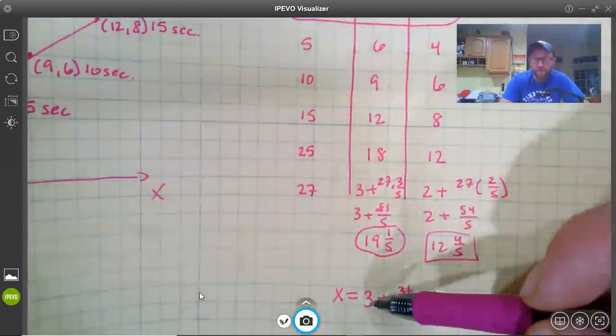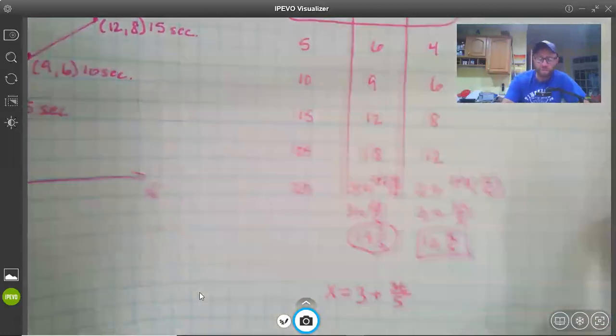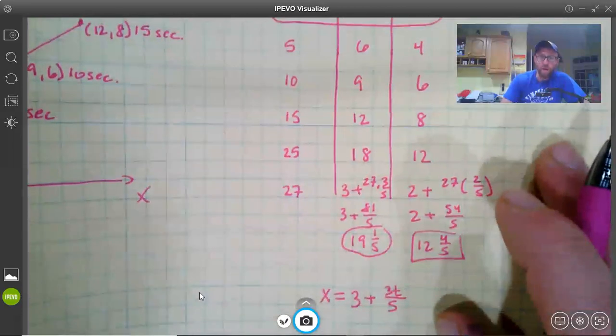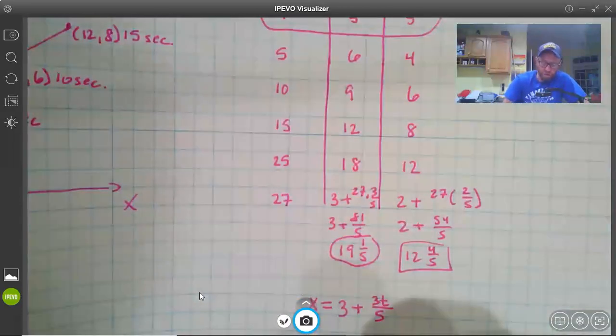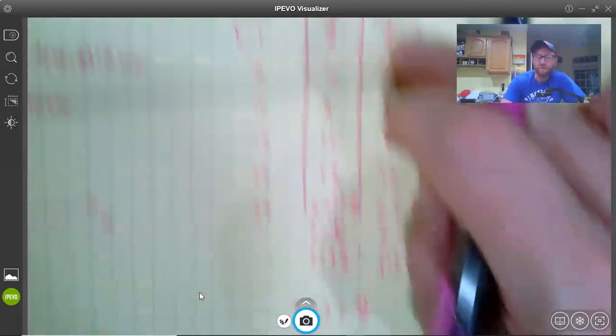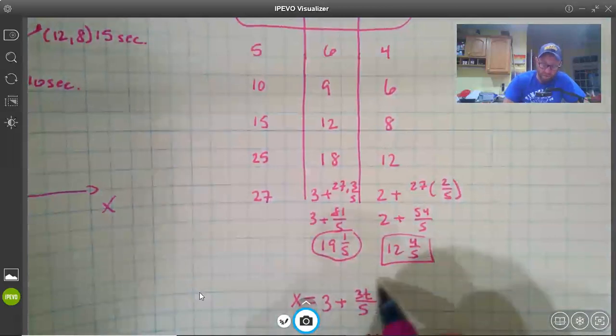So the starting coordinate plus t increments of 3/5. And as for the y coordinate, well, the y coordinate is the starting 2 plus t increments of 2/5. So 2t over 5.